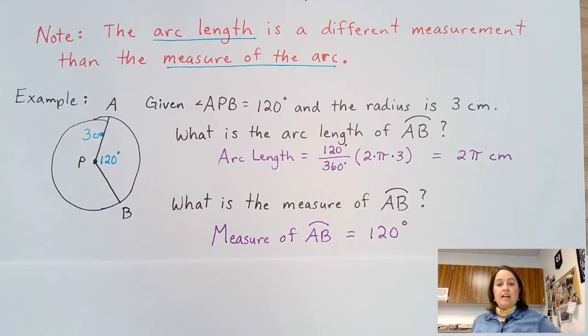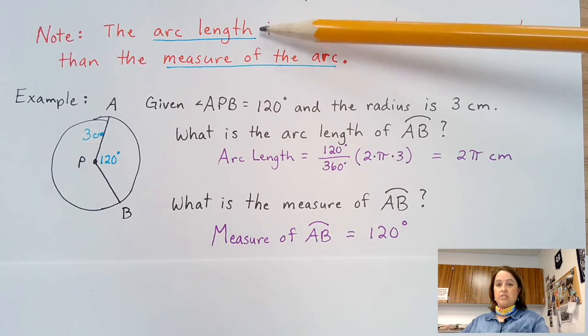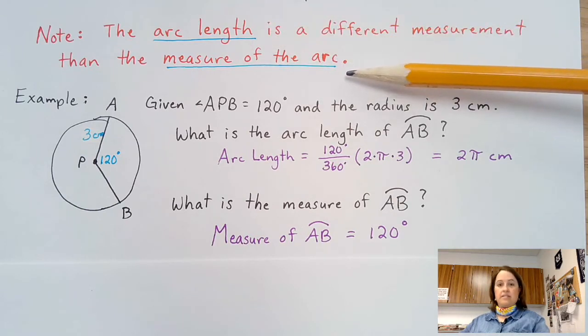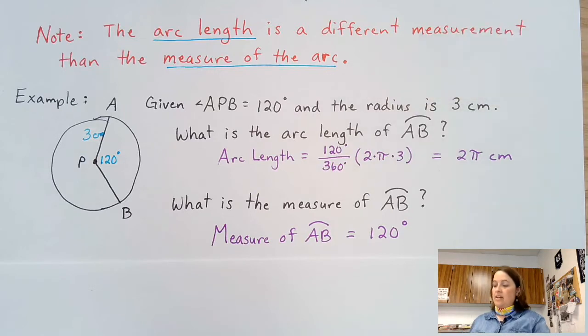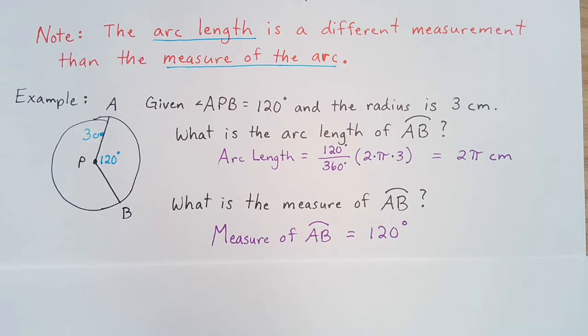I want to use this example to go over how these two things are different. Arc length is different than the measure of the arc. If we're given a circle that has the center P, and we know that the central angle, angle APB, is 120 degrees, and my radius is 3 centimeters, and I'm asked what the arc length is, we've already done this before.